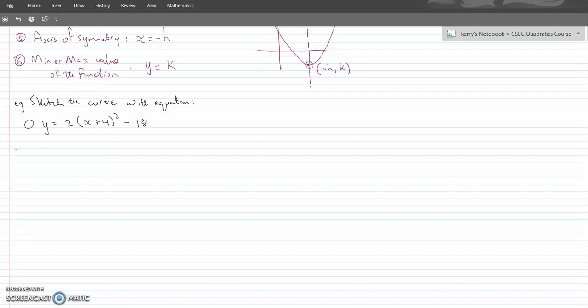Now from this, what we have to do is a few different things. The first one is that you need to get the nature of the curve.